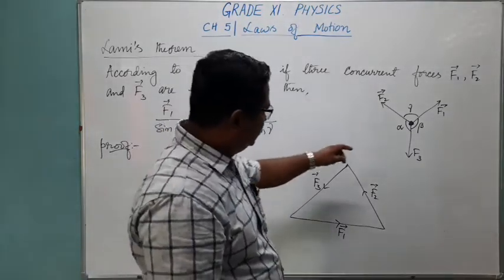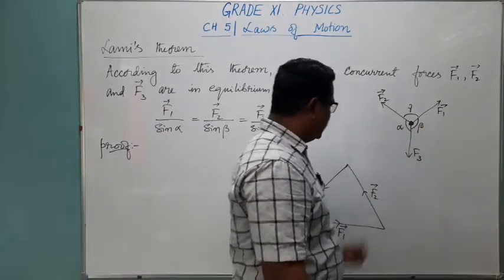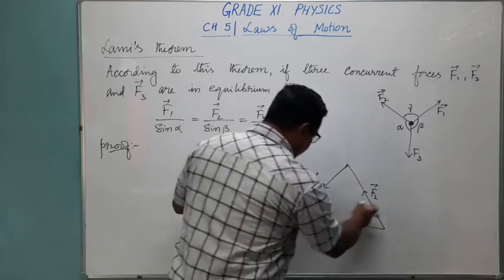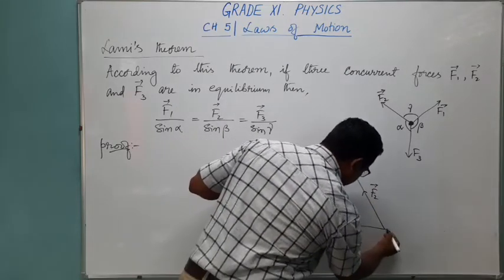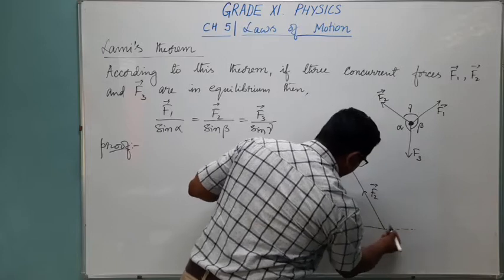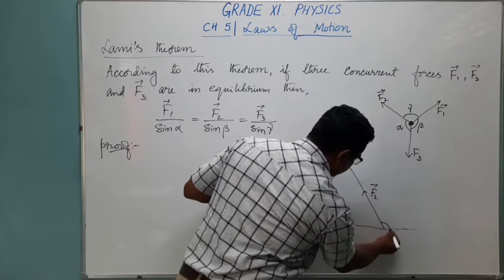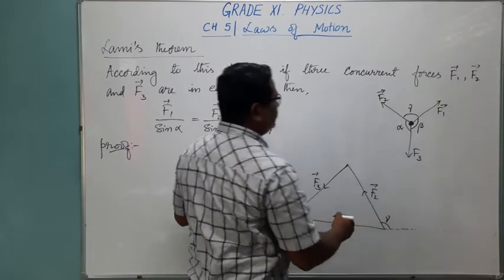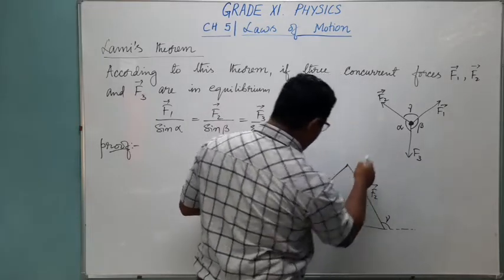Now let us see the angles here. Between F1 and F2 the angle is gamma. One force is going this side, the other force is going this side, so the angle here is gamma. The angle between F2 and F3 is alpha.